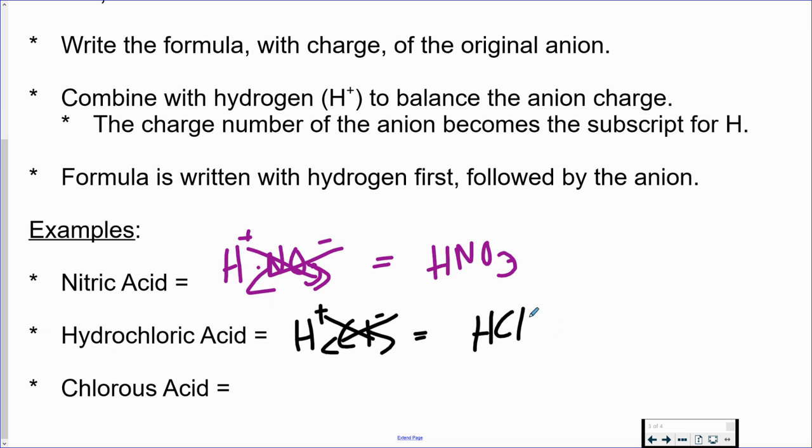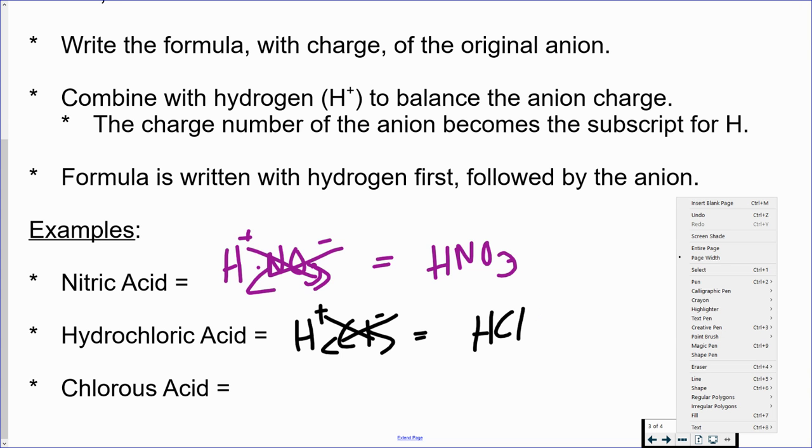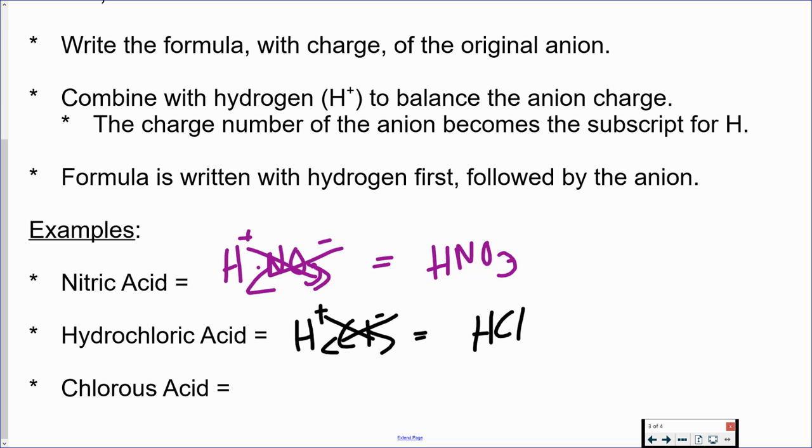Finally, we have chlorous acid. Ous goes back to ite, so chlorite is ClO2 minus, H again with a +1, crisscross them, and you should get a nice HClO2.